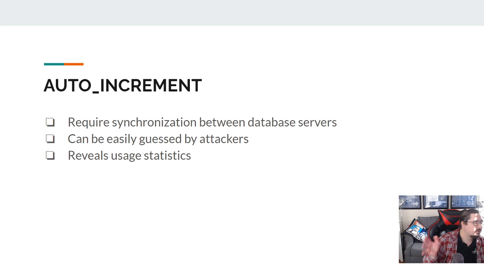I can see how many posts have been made in that month. So that can reveal a lot about how much your site is being used. You think your competition might be interested in that? Of course. Probably.